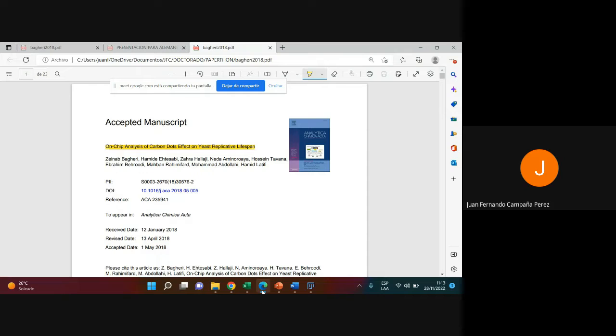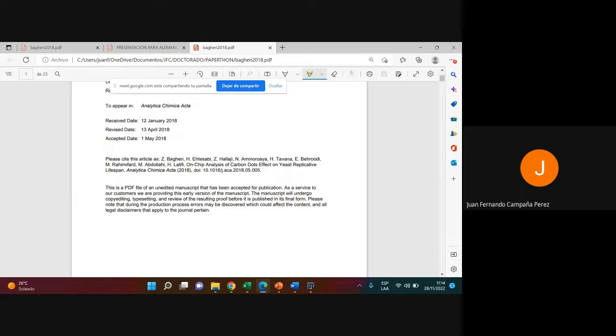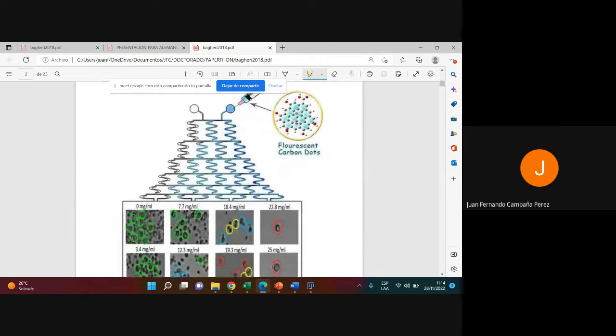Okay. Today I'm going to show you this paper called One Chip Analysis of Carbon Dots Effect on Yeast Replicative Lifespan. So I was searching for different designs of chips to perform live cells culture, and I found this, and I'm going to show you now.